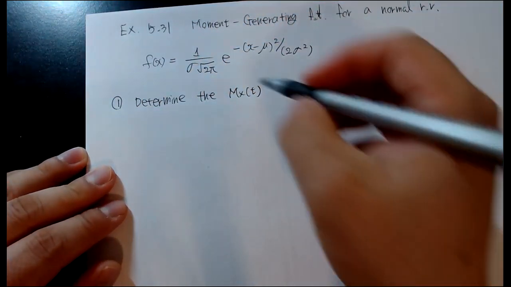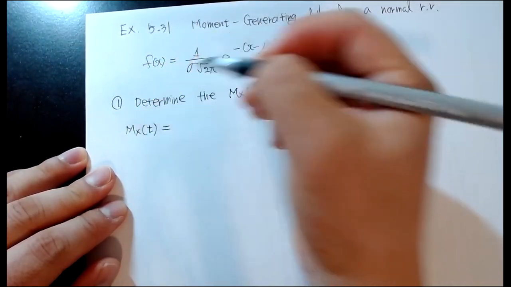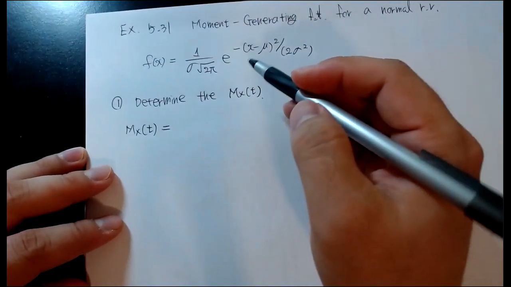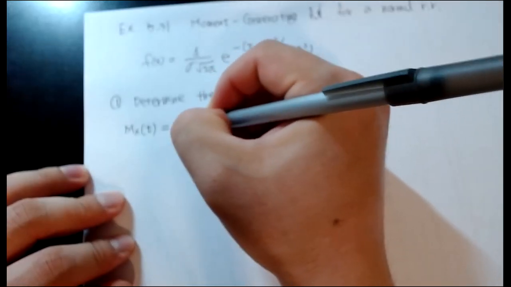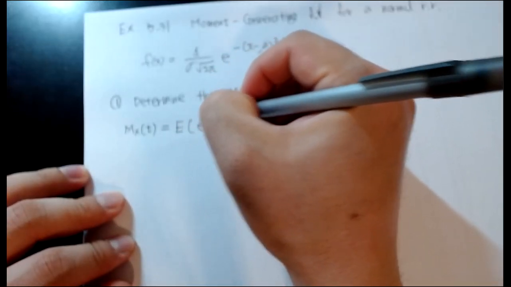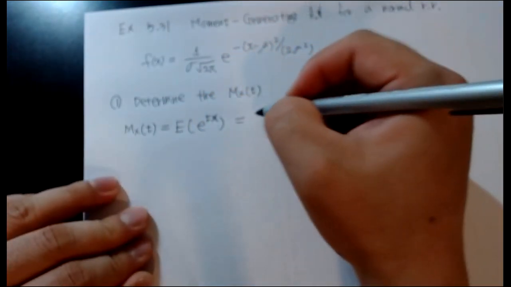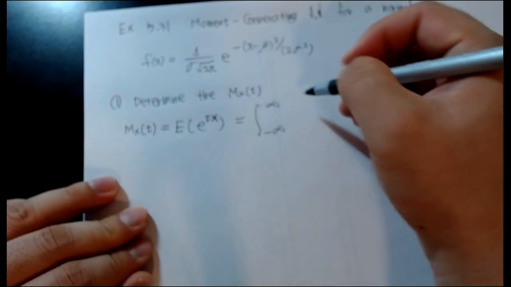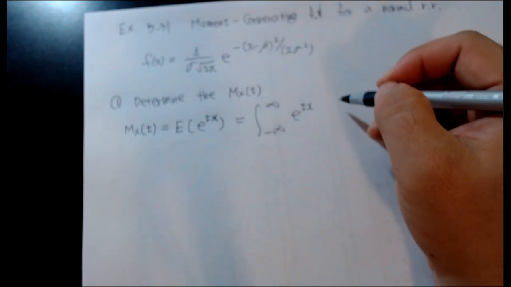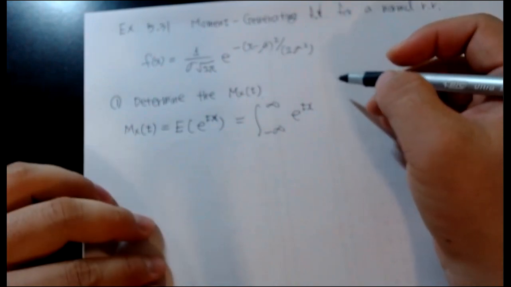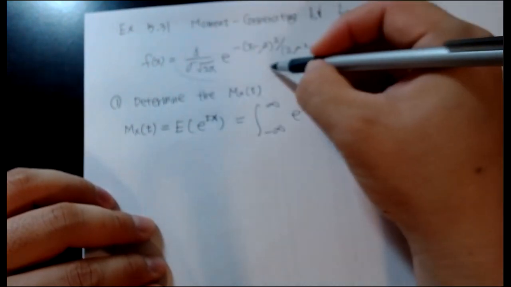Since x is a continuous random variable, keep in mind this is e to the tx, so we have to evaluate the integral from negative infinity to infinity of e to the tx times f of x, which is the PDF of the normal random variable. We plug this into here.